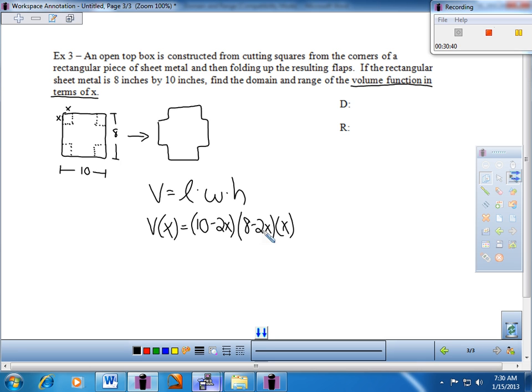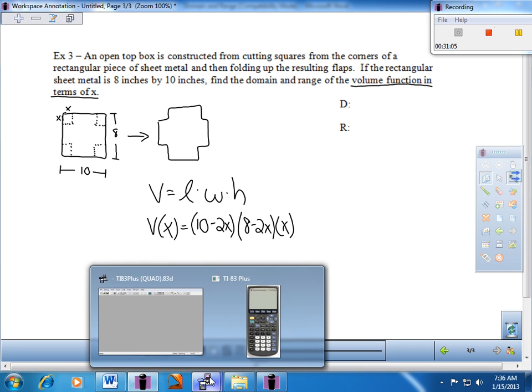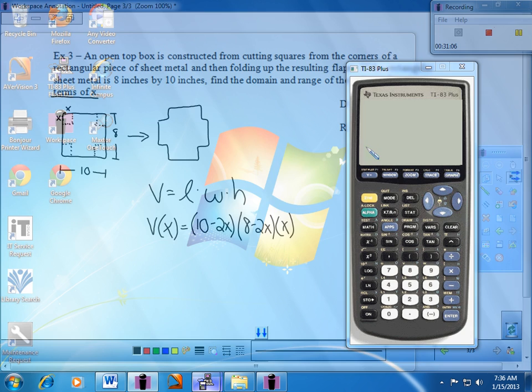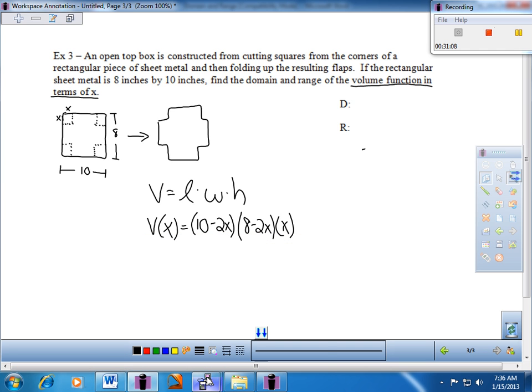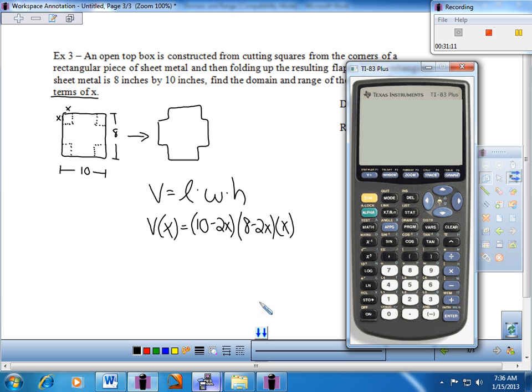For right now, what I'd like to do is type this in the calculator and come up with a suitable domain and range. Okay, so a couple things to note. Let's bring that back up there. Everyone, if you would, go to the y equals, and let's type it in. 10 minus the 2x, 8 minus the 2x, and then x.